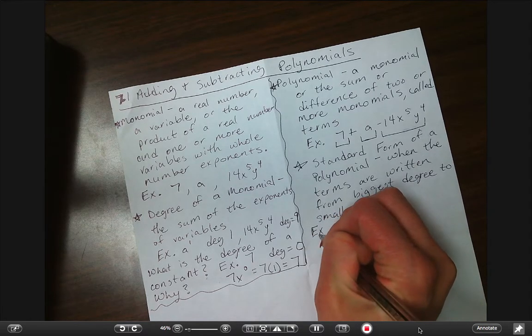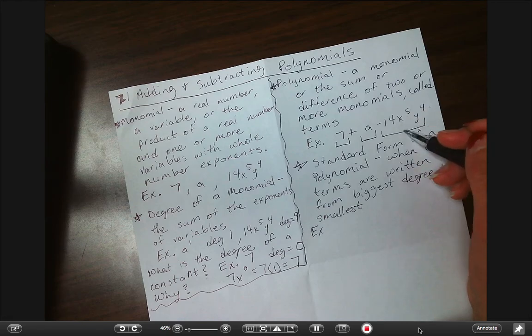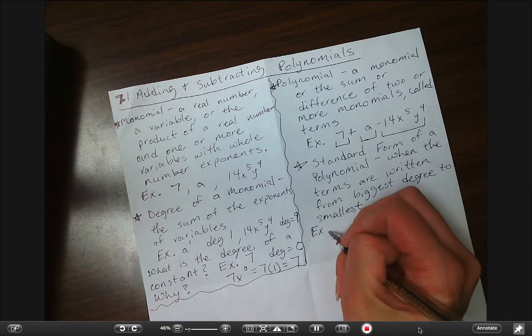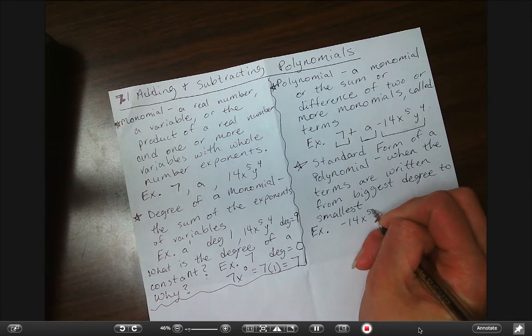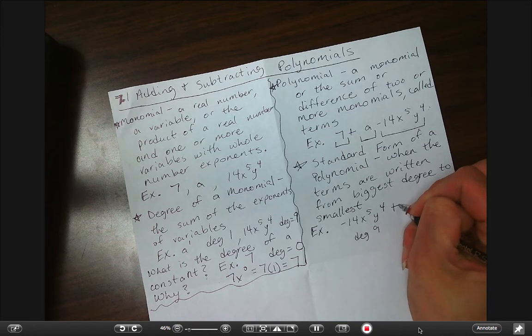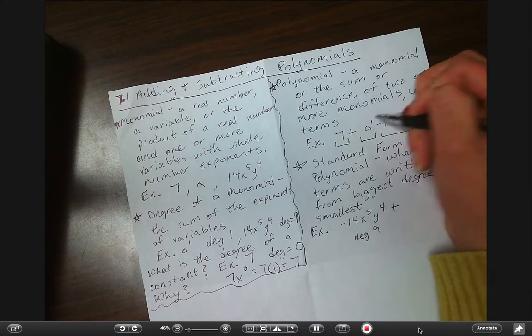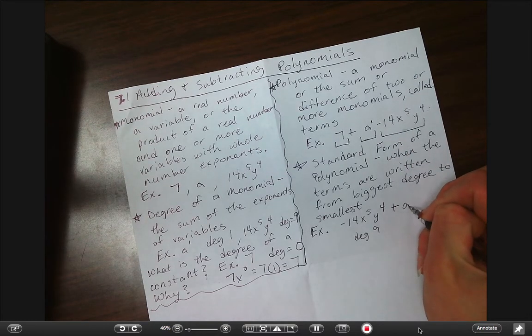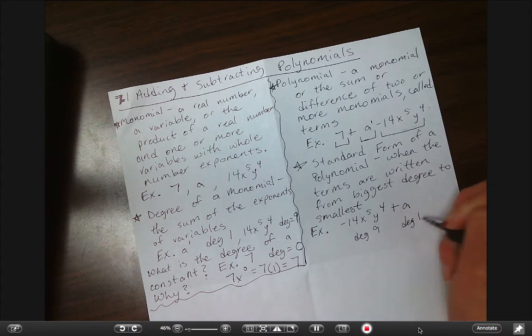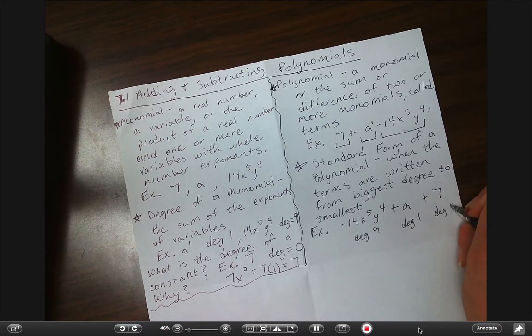For example, this polynomial from up here, the one with the biggest degree is this one. Remember, it has degree 9. So we're going to write that first, negative 14x to the 5th y to the 4th, because that has degree 9. And then we're going to add to that this term, a, because this has a power of 1. We just don't normally write it. So a has degree 1. And then we're going to add to that 7, because remember we said 7 has degree 0.